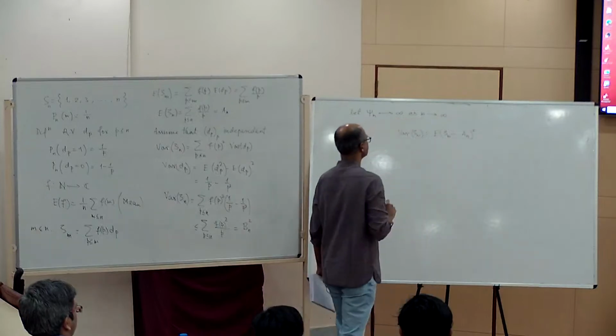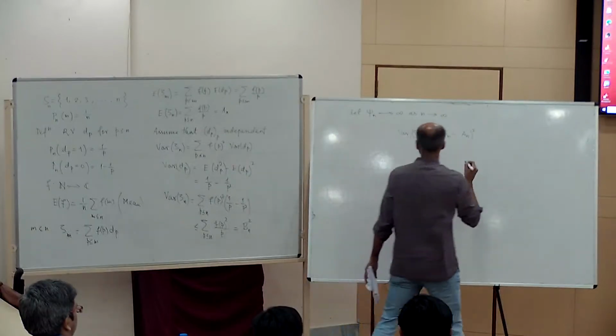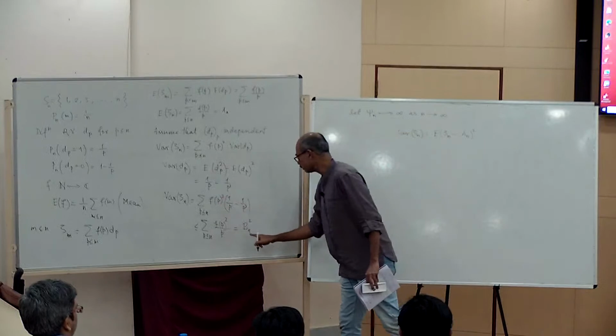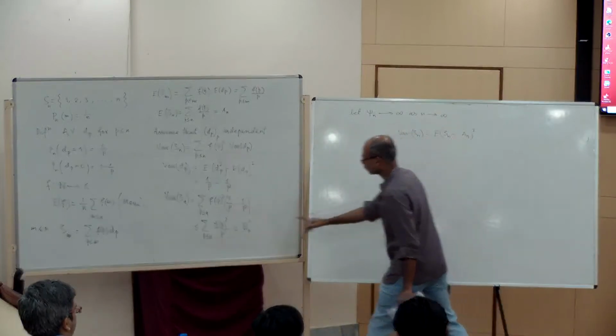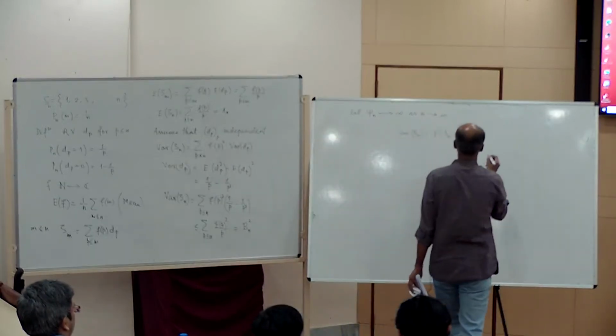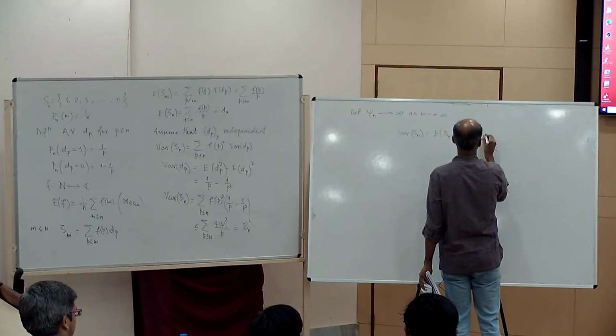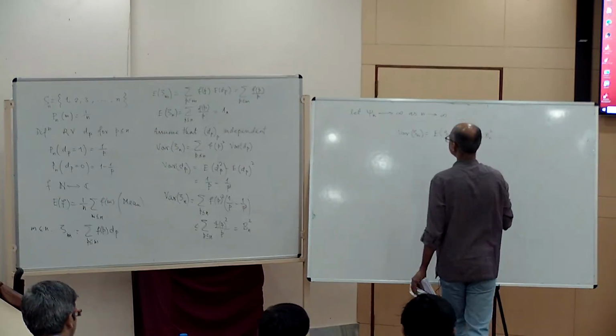We know that it is bounded by Bn square, the notation for this sum. So this is less than or equal to Bn squared.